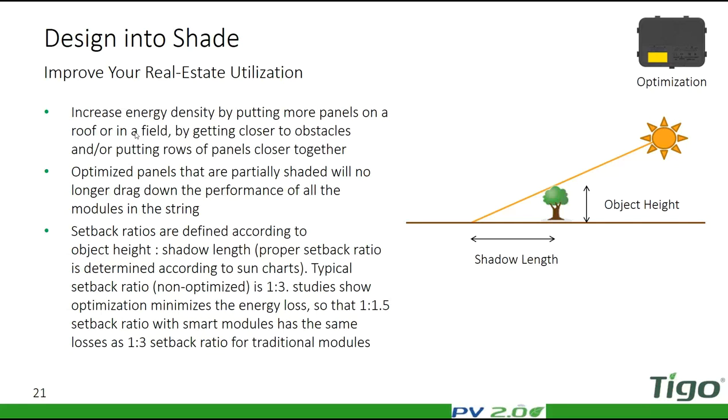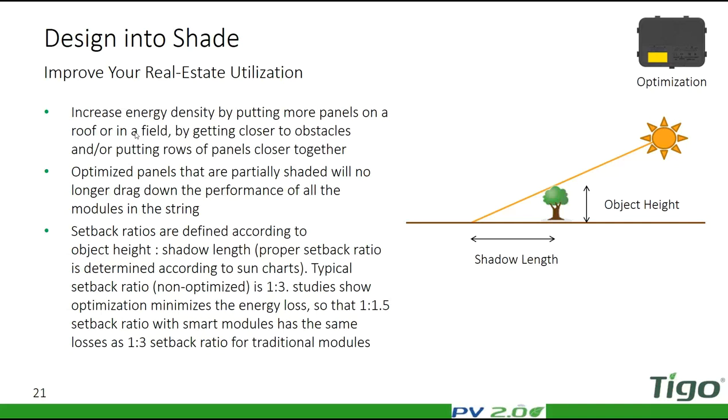I'm saying that if you do have a place that, let's say, is shaded 1 hour during the day, maybe 2 hours, maybe half of the day, but it still makes financial sense to put the panel there, you can put it, because what the optimizers will do is they'll basically prevent this module on the times it's shaded. They'll prevent this module from dragging down the performance of the rest of the modules in the string.